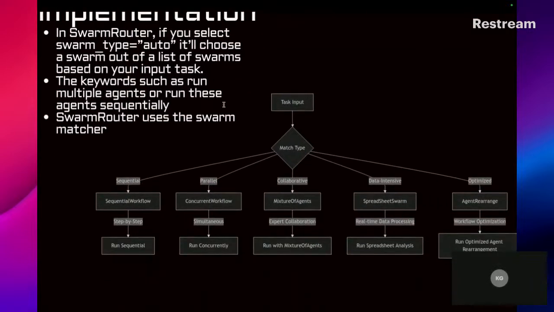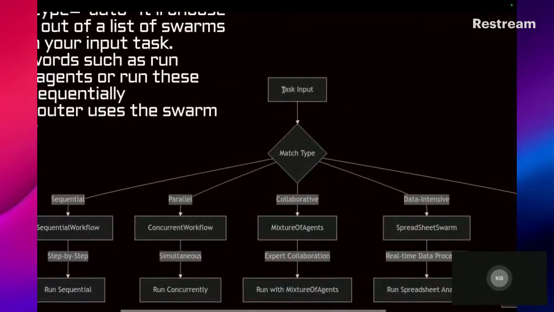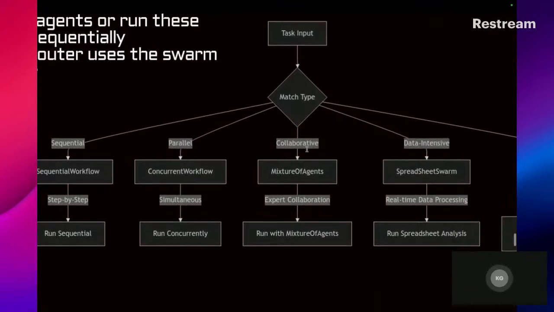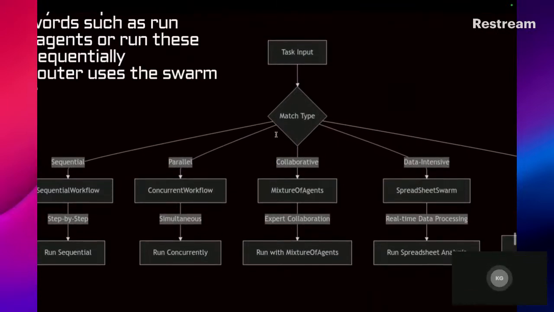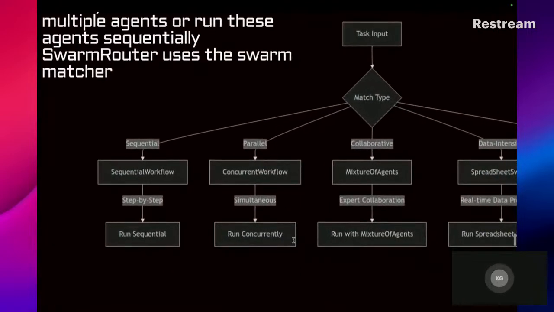if you give it these keywords, it'll automatically select the swarm that is most likely the swarm that you need. The way it does this is you give it a task, right? So you say do this, do that. Well, in our case, we're using a RAG system. We have a bunch of examples in a vector database, and then we conduct cosine similarity with the task input to find the best possible swarm. In our case, it's only five for simplicity.